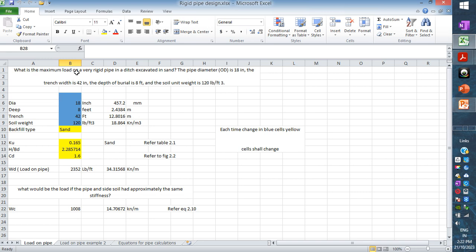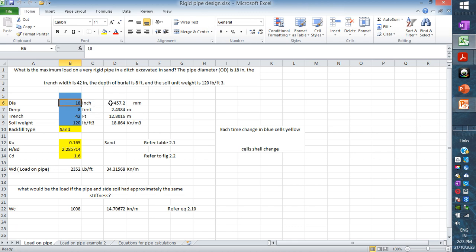So what is the maximum load on a very rigid pipe in a ditch excavated in sand? The OD is 18 inch, the trench width is 42, and the depth of burial is 8 feet. Unit weight is 100 lb per cubic foot.